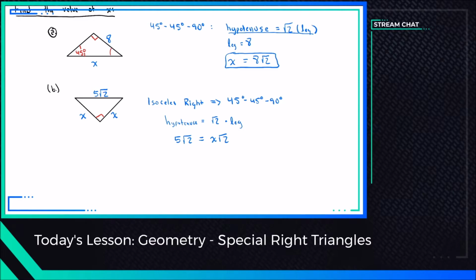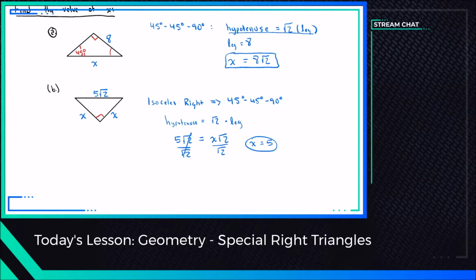Right, and now you can see that each one of these has a square root of 2. And when we divide by the square root of 2 on both sides, the square root of 2 will cancel, and we're going to get x is just equal to 5. So it's pretty straightforward there. 45, 45, 90 triangles are really, really nice. So that's going to be our first special right triangle.